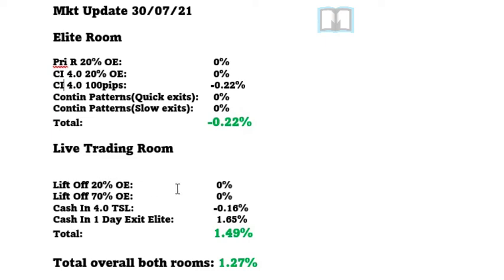There was, however, a trade that we closed out on cash in TSL primary, and that was a very small loss of 0.16%.